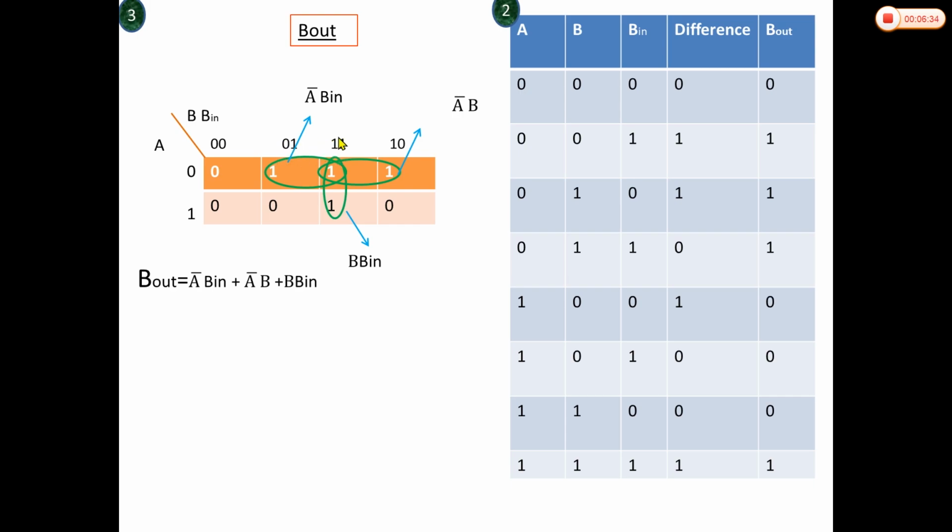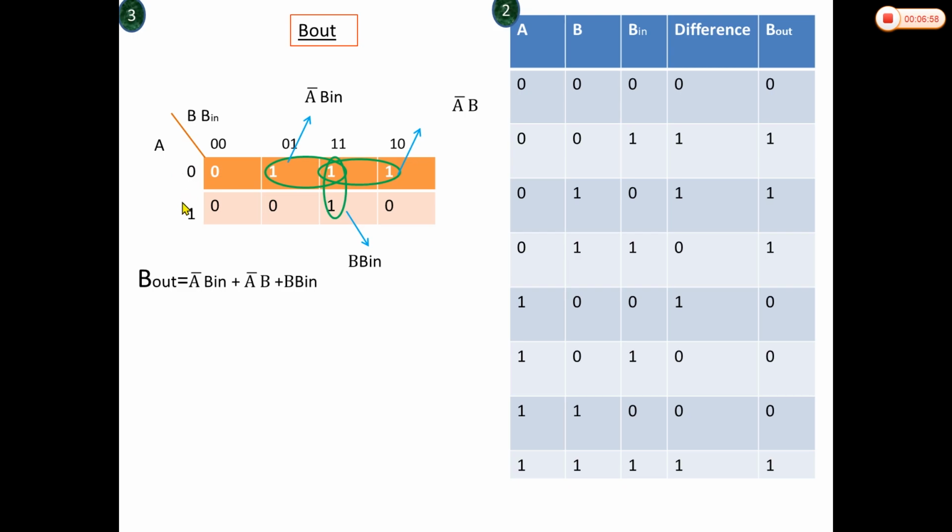This 0 1 will be cancelled, then this is the 0, A bar and B in. For this group it is the 0 1 and 1 1 0. This 1 and 0 will be cancelled, so the logical expression is A bar B. And for this group it is the 0 1.